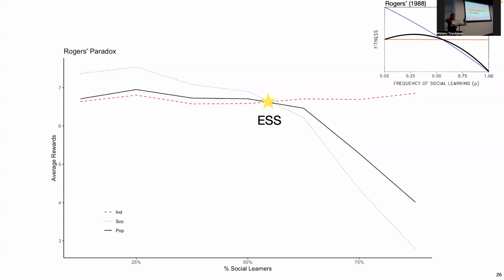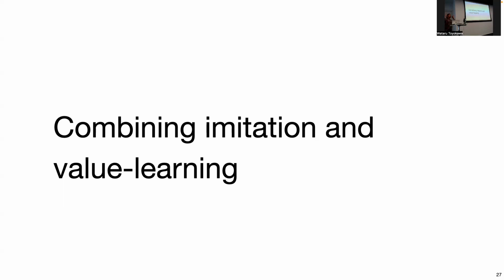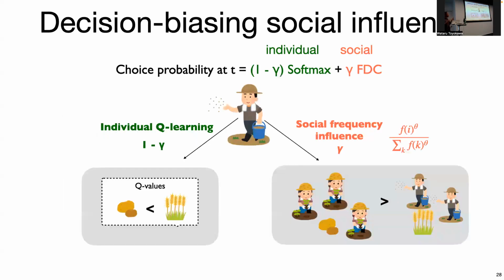Then that's just random copiers and individual learners and their interaction. But we can think about strategically using social learning. So let's combine the social learning process and the reinforcement learning process together. Now we can think about a decision-making policy where the choice probability is a combination of the softmax and the frequency dependency.